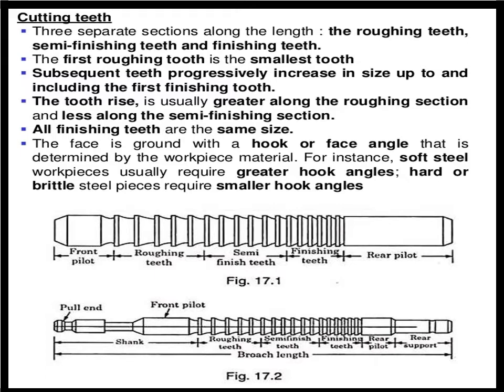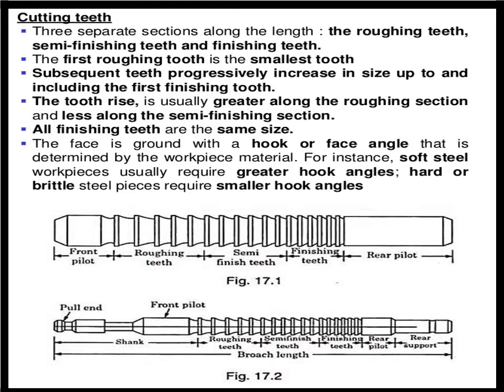The size of the teeth progressively increases as you move towards the finishing teeth, and you will see at the end of the rear pilot there will be 3 to 4 finishing teeth of the same size.